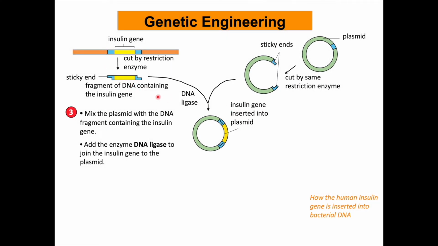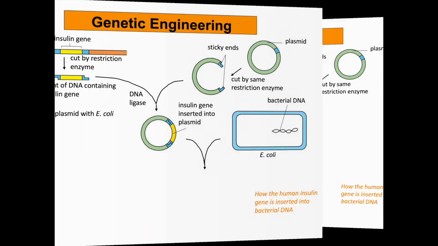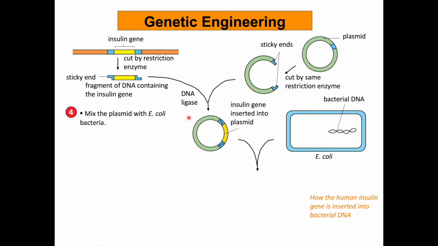Add the enzyme DNA ligase, in order for us to bind or join the insulin gene and the plasmid, which has been cut. And so after that, we will have this product. This product is known as recombinant DNA.